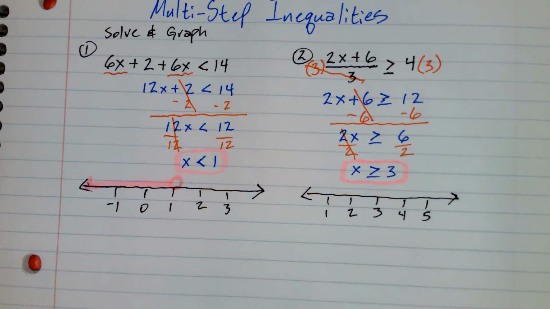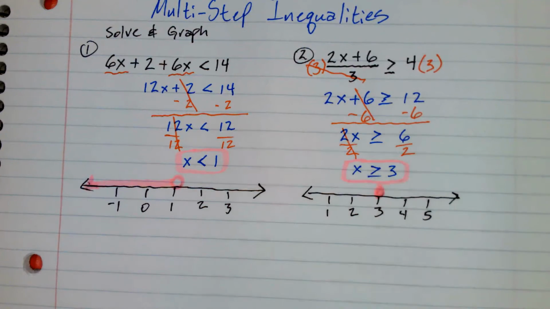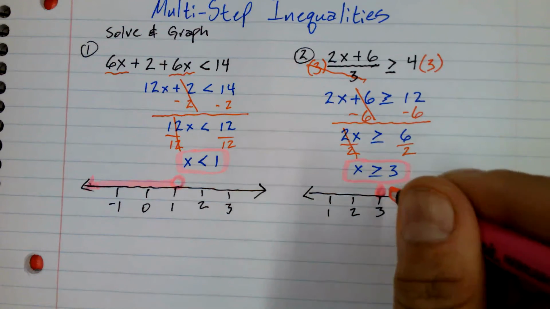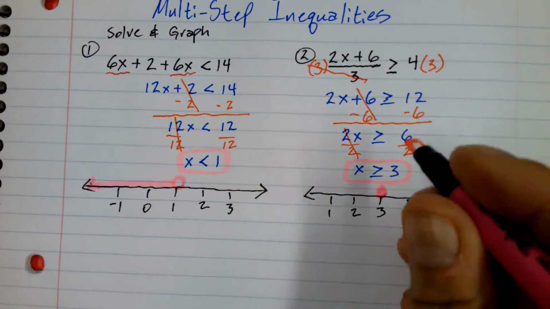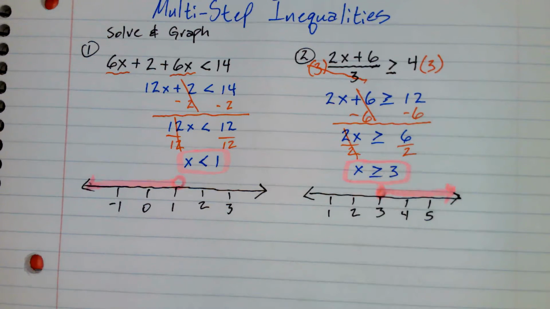Now, 3 in and of itself can be an answer. So solid point right there. And then we want all real numbers bigger than that. So 3 or bigger. There you go. Any questions?